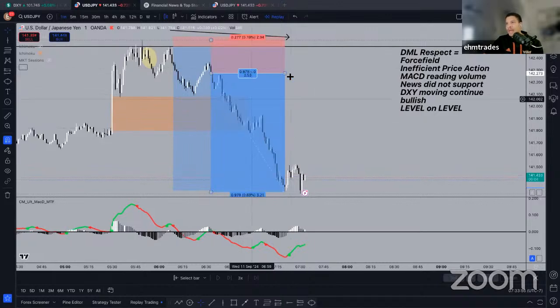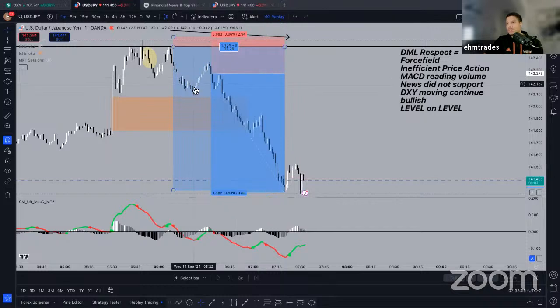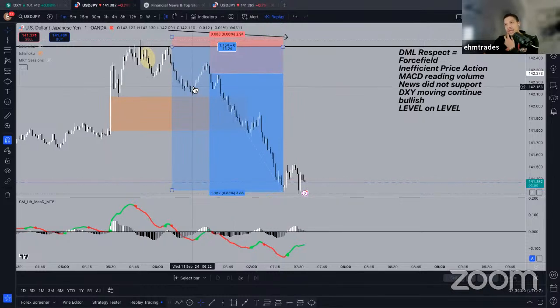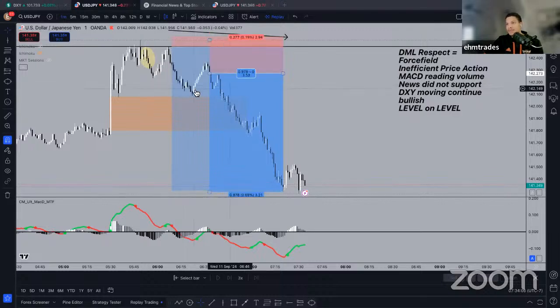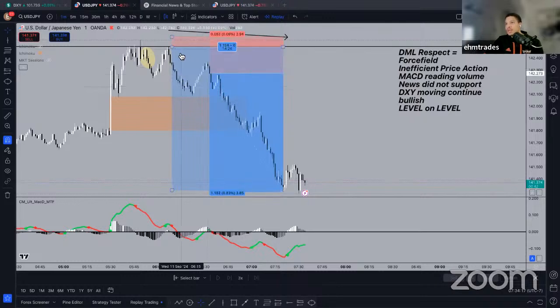That was 111, 118, 97. So you're talking about two entries right there that would have got you close to over 200 pips this morning. But on one movement, if you just took this first one, you would have risked 8 pips.